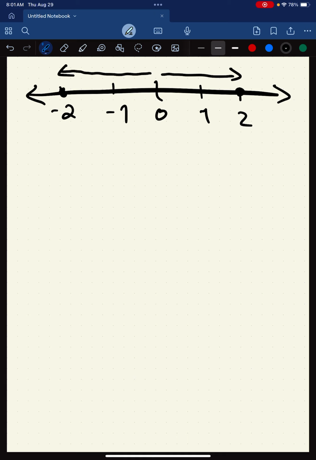Either way, either -2 or 2, it's 2 units away from 0. So if we're just measuring this as the distance away from 0, 2 is 2 units away from 0. -2 is 2 units away from 0.